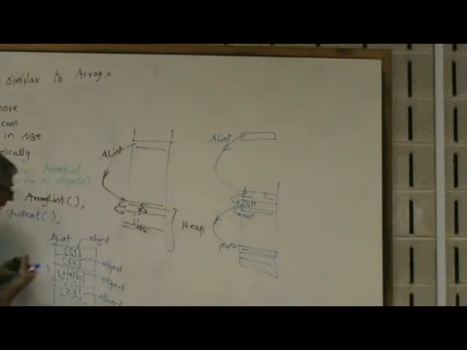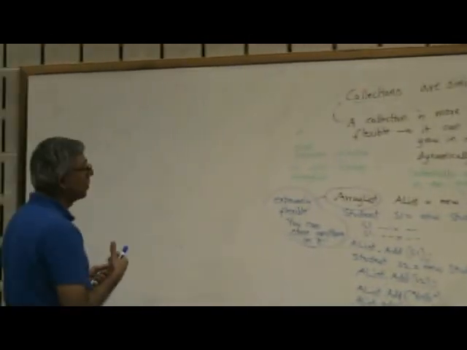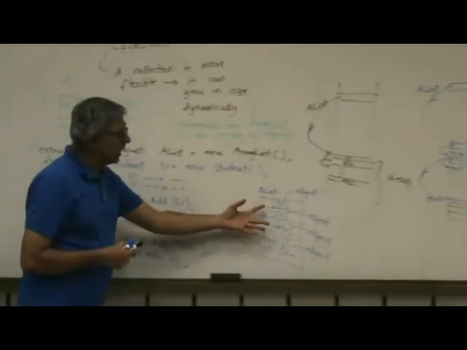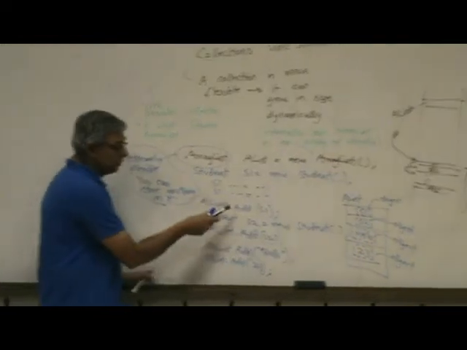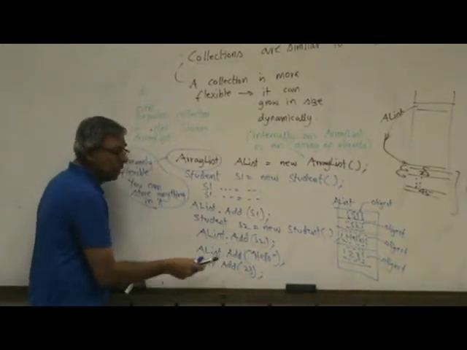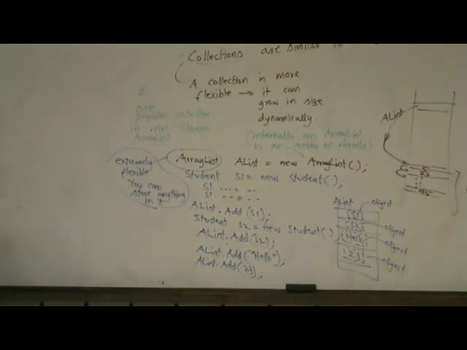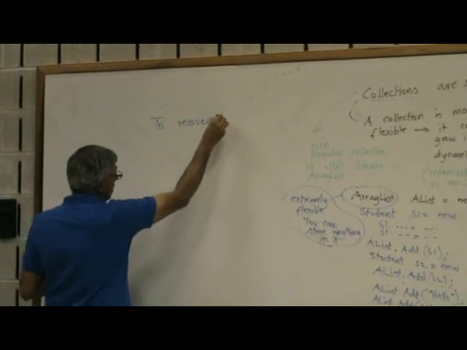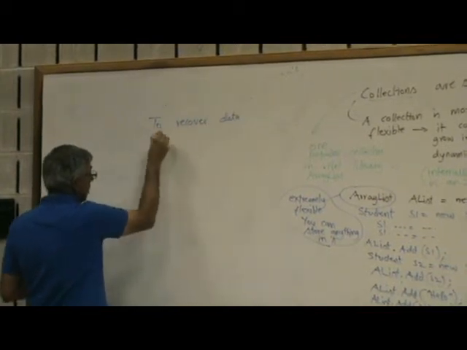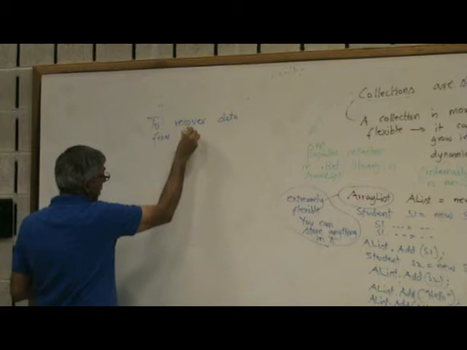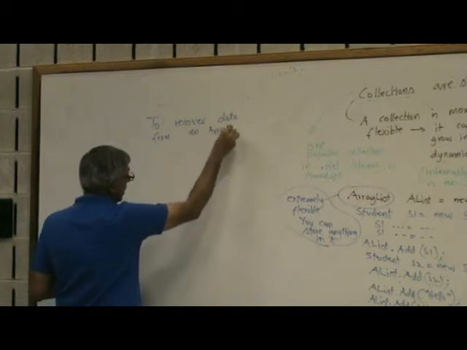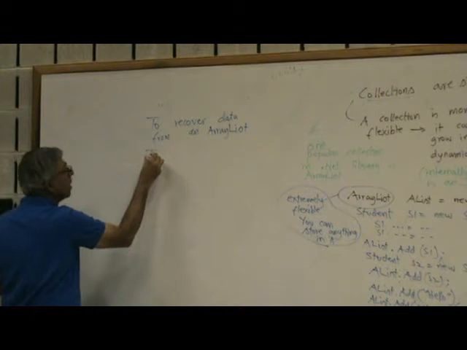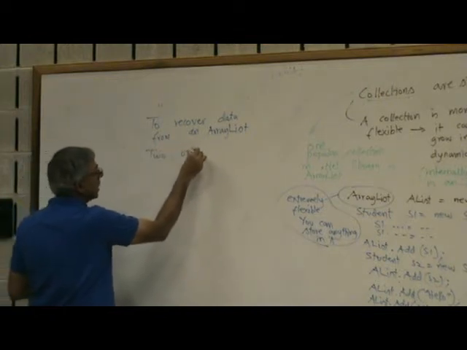Anyway, everything that we put in the ArrayList becomes essentially an object. So the question now is, how do we recover the data from it? Storing is easy. All you have to do is keep calling the add method, add method, add method. To recover data from an ArrayList, you have two options.